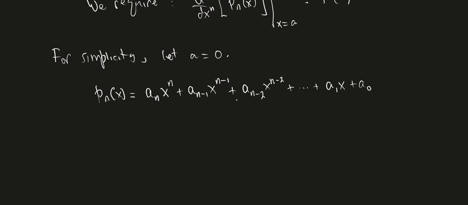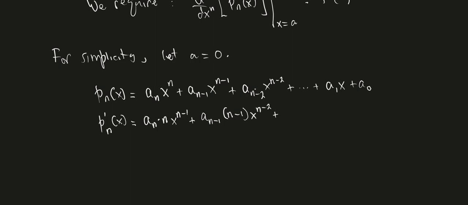Let's write down what the nth derivative is. Well, first let's start with our first derivative. If I differentiate this once, the power comes down, the coefficient comes down, and I have a sub n times n times x to the n minus 1. Then I'll have a sub n minus 1 times the quantity n minus 1 times x to the n minus 2.